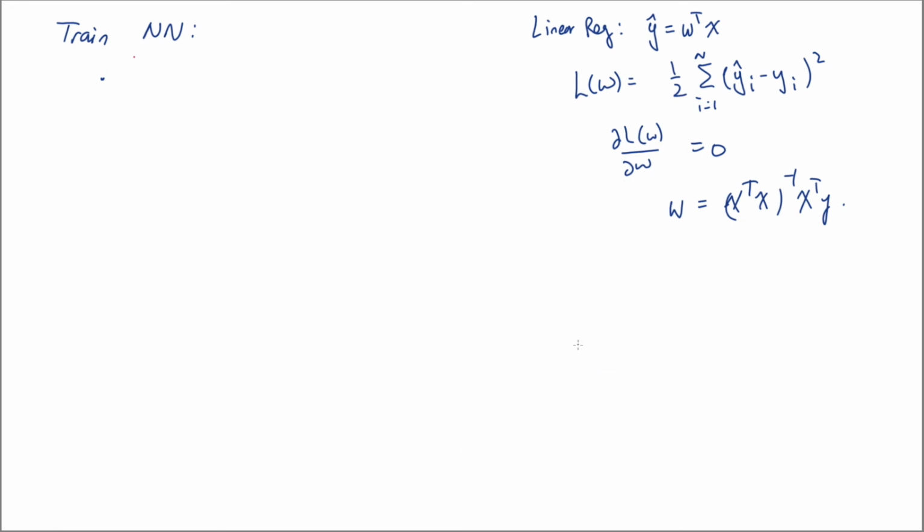The reason is that we have the sigmoid function, which makes finding a closed form solution very difficult. So the only way we really are able to minimize the loss is by gradient descent or other numerical techniques.